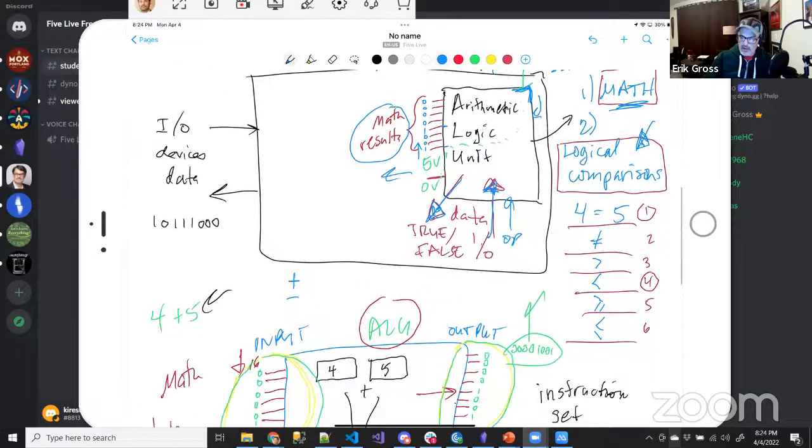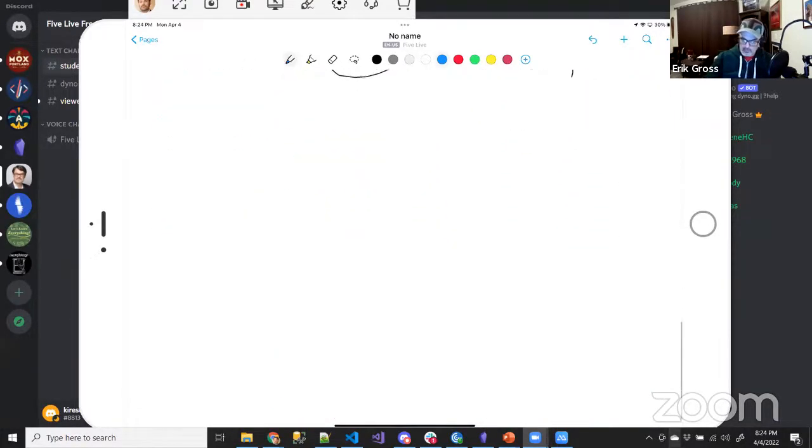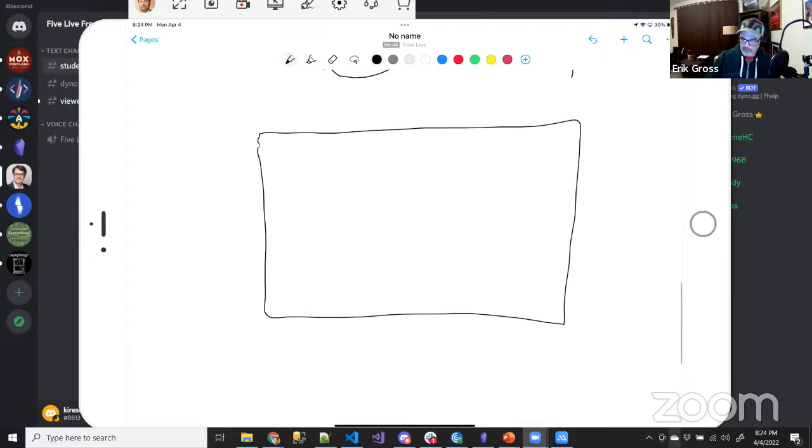Now let's look at another part of this control unit. Again, we've got the ALU over here. Let's make that really small so we have some room to think with.